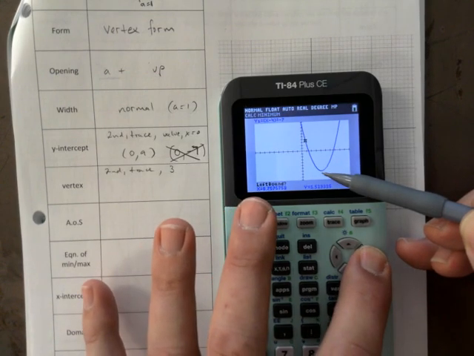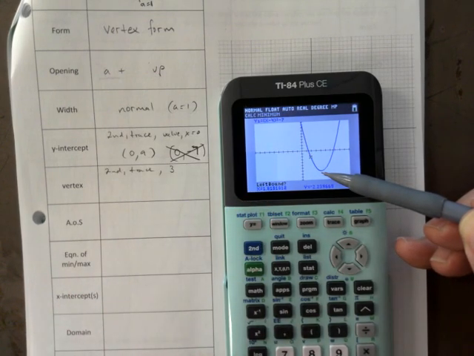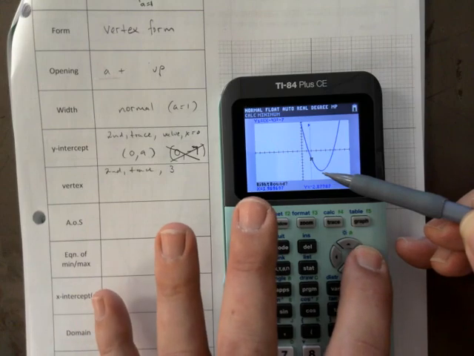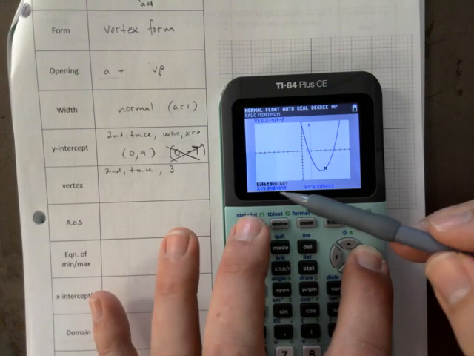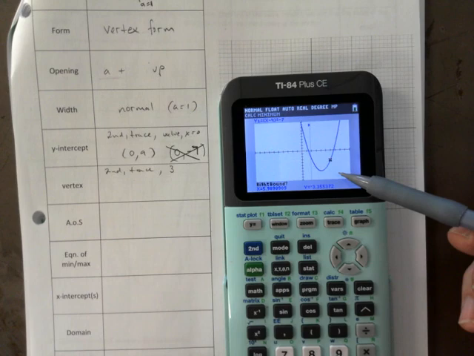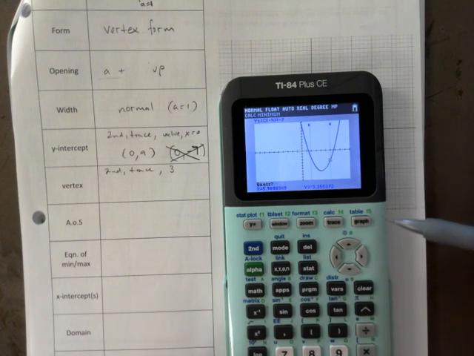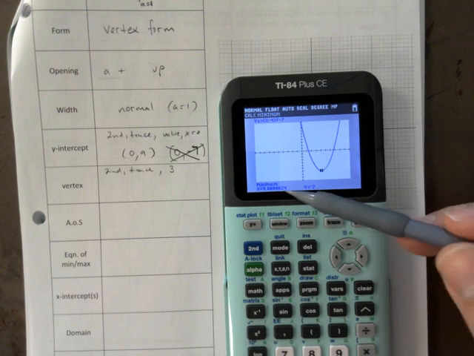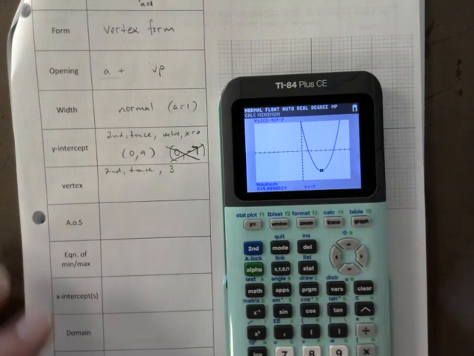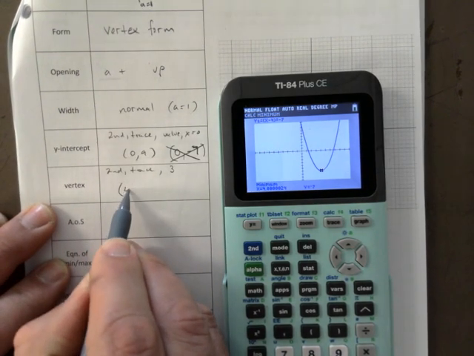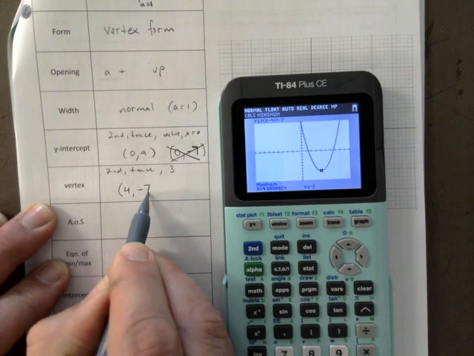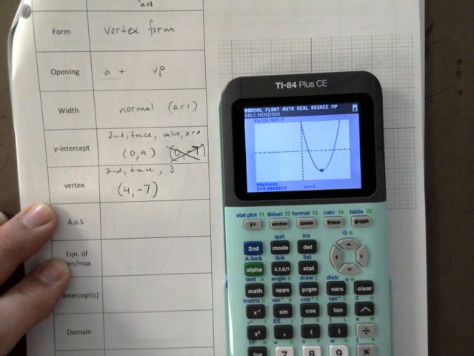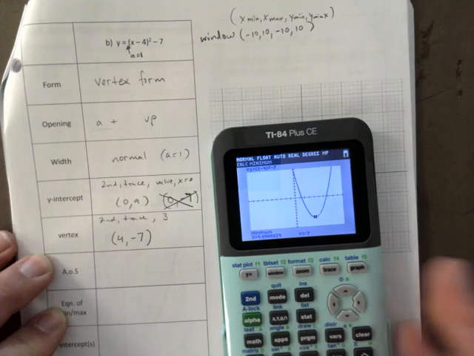Anywhere to the left of the vertex is fine. So you're going to hit enter. Go past the vertex to the right because it wants a right boundary. Hit enter. And then enter one more time when it says guess. And so it's 4, -7. Okay? 4, -7. Do you notice anything?